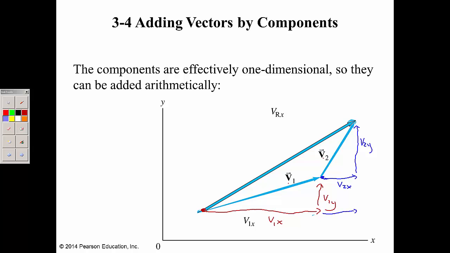Now if I look just in the x direction, v2x, and I add v1y down here, then my resulting vector can be written as v1x plus v2x plus v1y plus v2y. I can add the components of the vectors along the x and y axis and come up with the resultant vector.